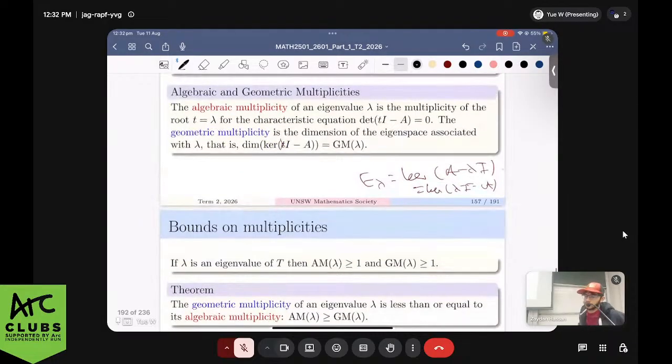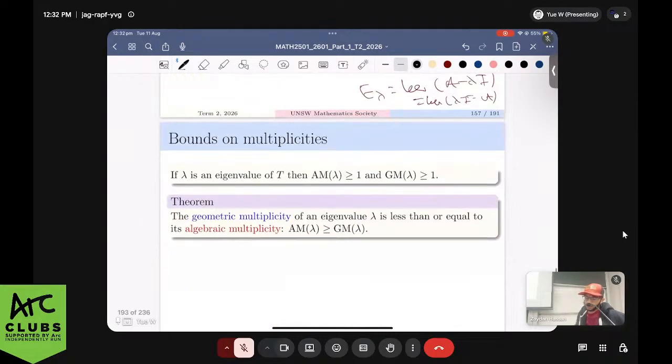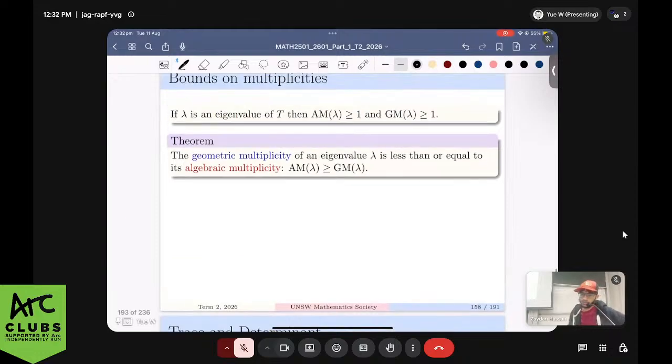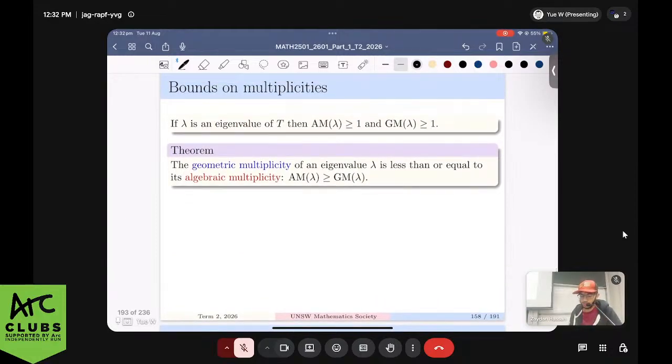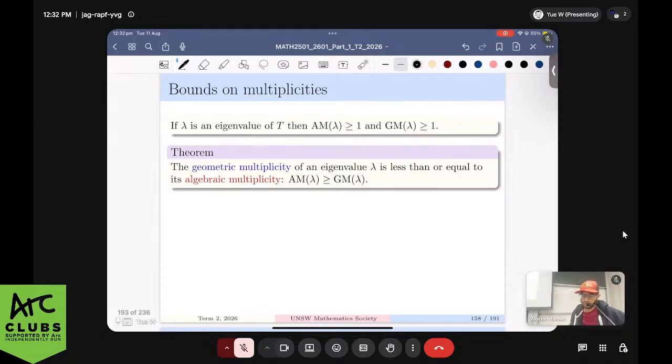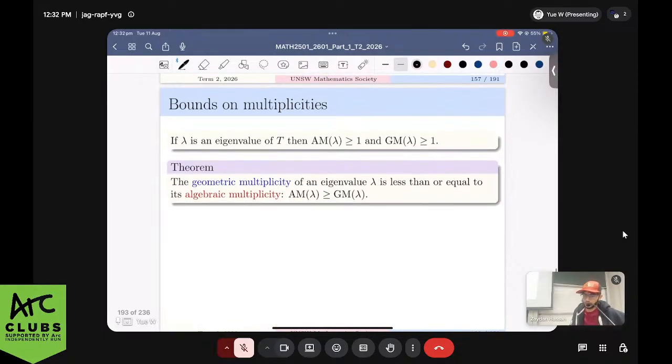The dimension of that space is the geometric multiplicity. You have this nice AMGM inequality, which is not related to the actual AMGM inequality. The algebraic multiplicity is greater than or equal to the geometric multiplicity.